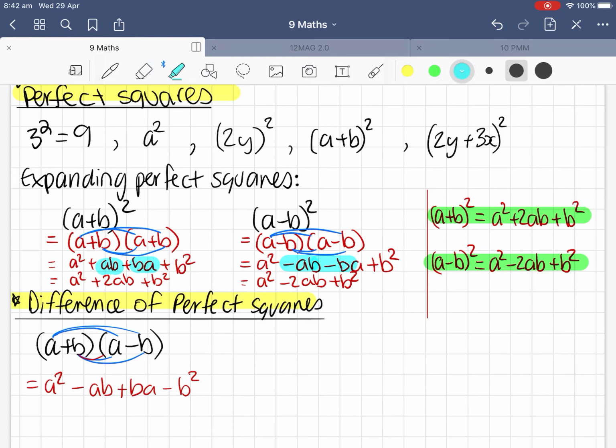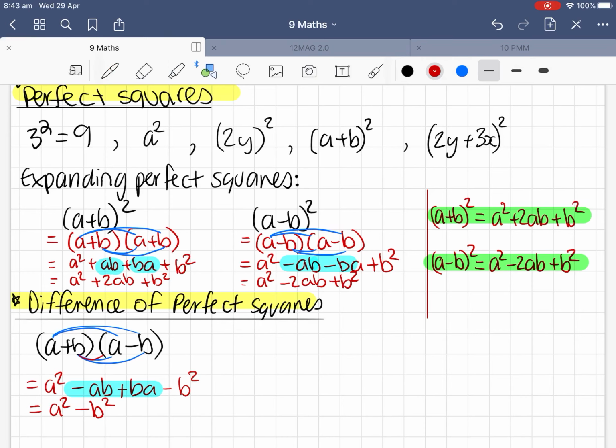Okay, now check this out. These guys are like terms again, but they actually cancel each other out. If I have negative ab plus ab, well, that's just 0, isn't it? So that actually simplifies right down to this.